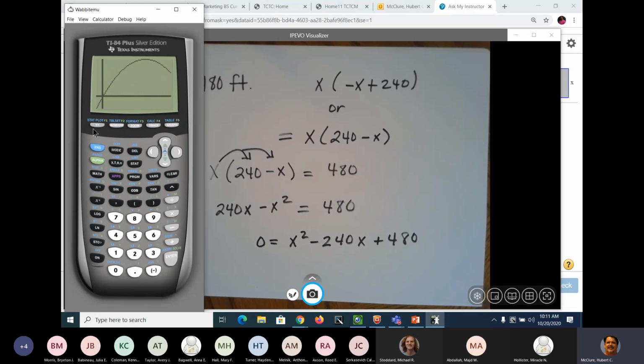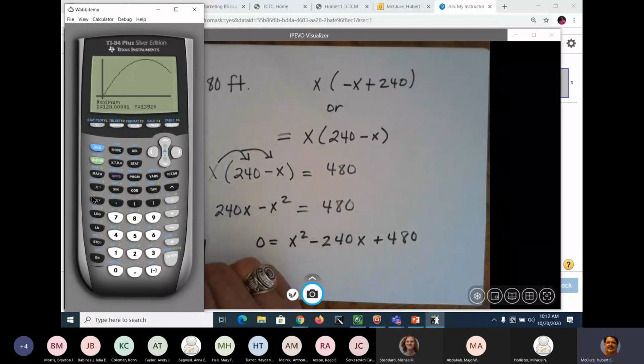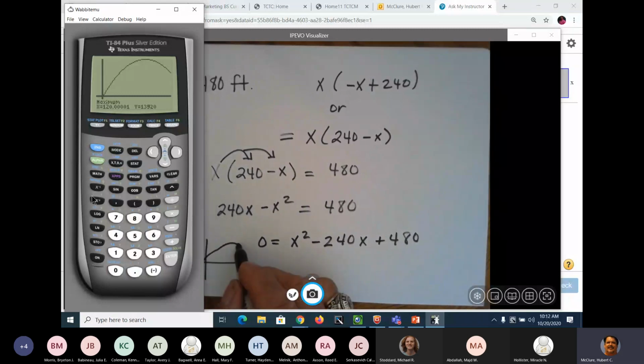Well, the vertex is all we're interested in. So second trace, not the vertex, the maximum. So that vertex is 120, comma, 13,920.